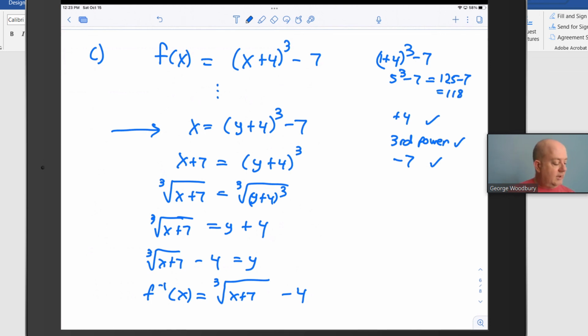If we plug in 118 down here, I've got the cube root of 118 plus 7 minus 4, or the cube root of 125 minus 4, or 5 minus 4, which is right back to 1. So everything seems to work out here.